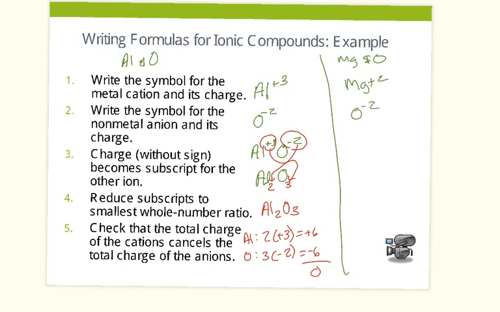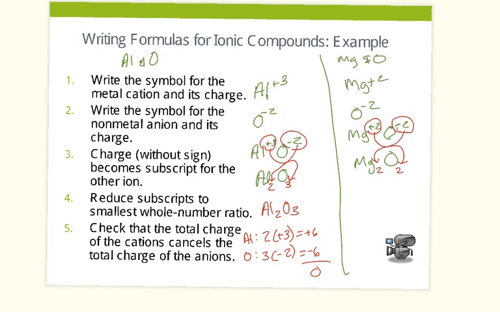Oxygen minus 2. We write them alongside each other. And then we do our crisscross motion where our superscript here becomes our subscript down here. And we do the other way around.